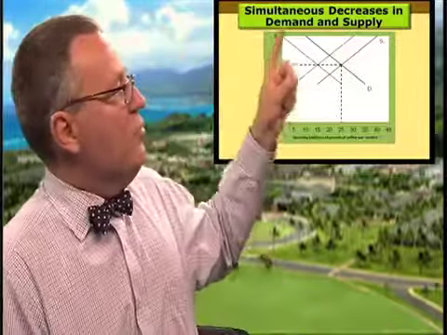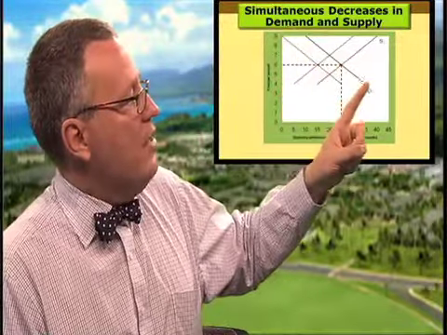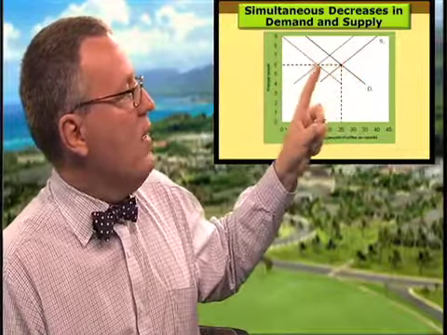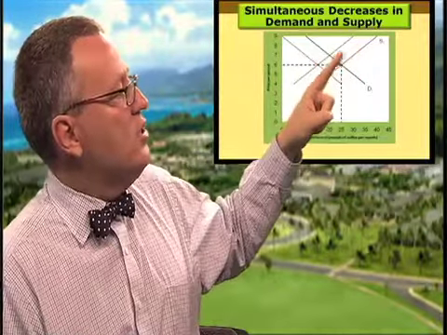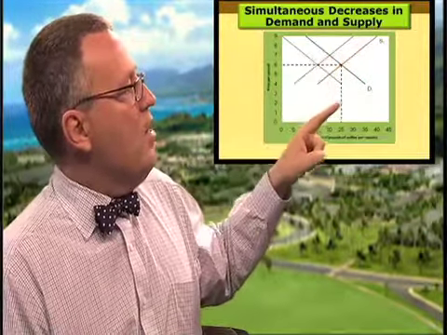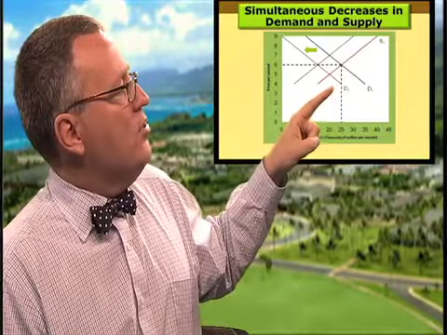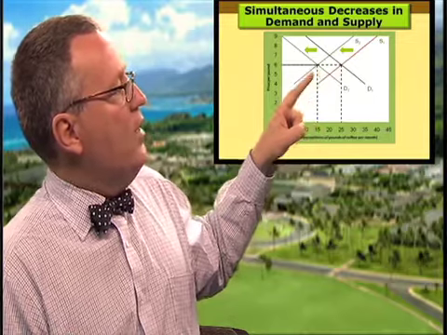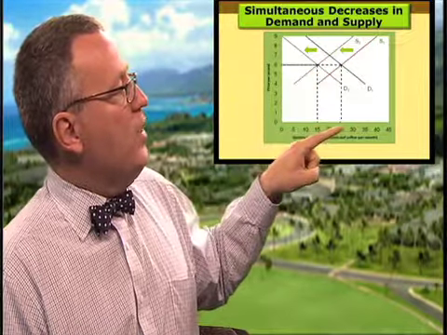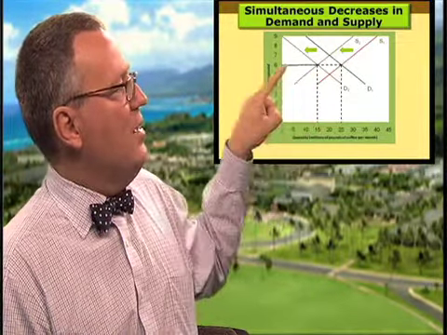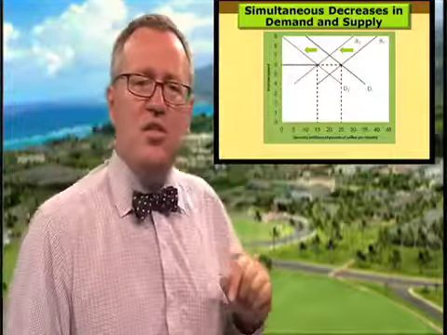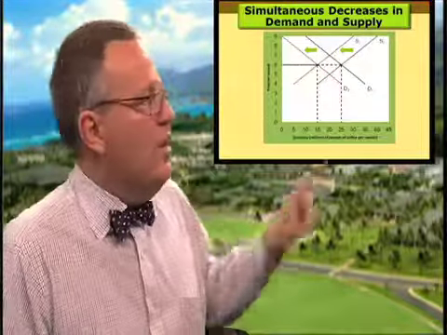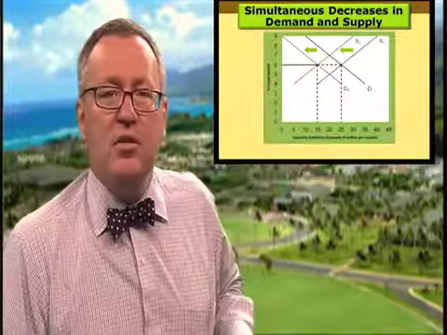This is an example of a case being unsure where our demand curve shifts to the left, our supply curve also shifts to the left, and what we know is that absolutely we got a drop in quantity from 25 million to 15 million, but because of the distance that both of these curves shifted, we didn't get at all a change in price.